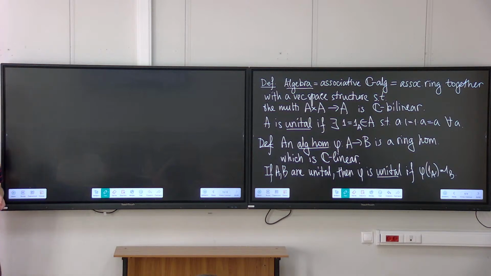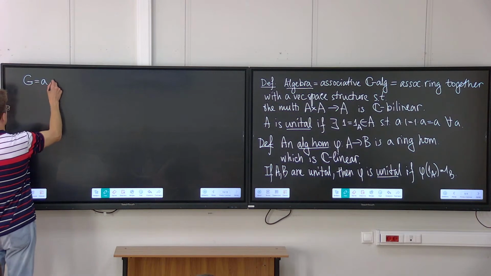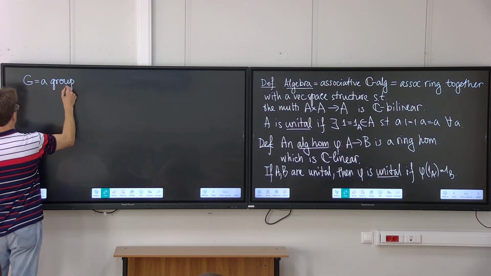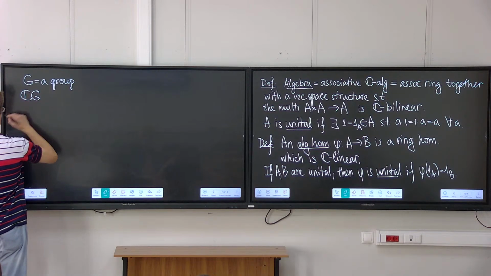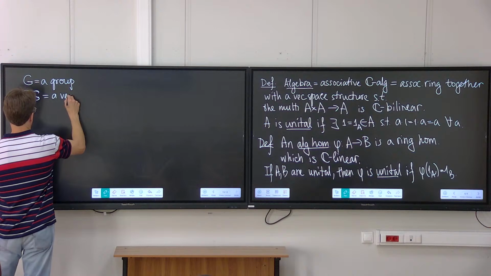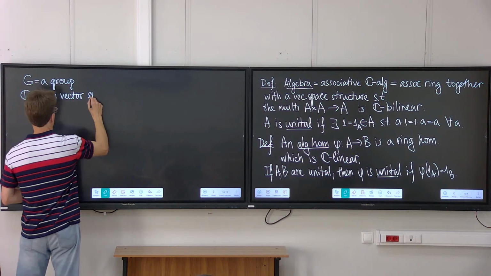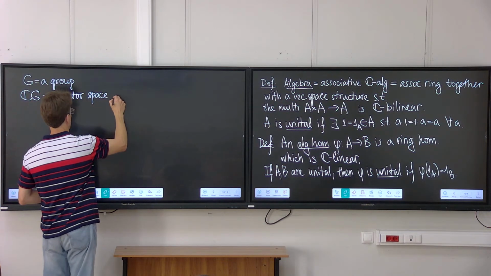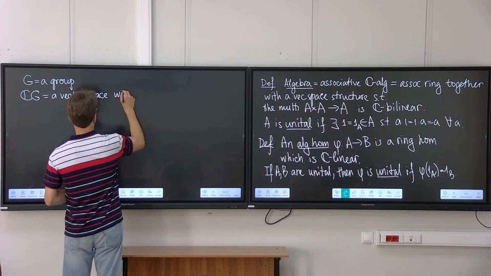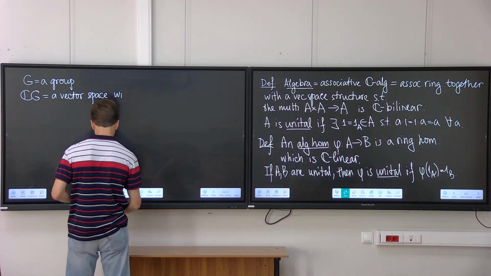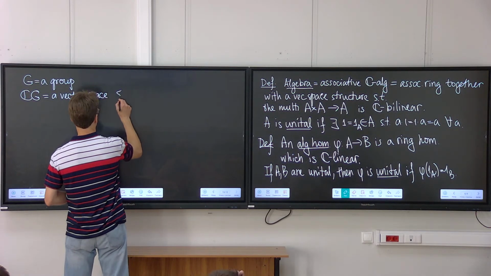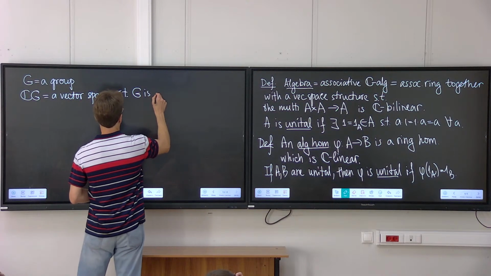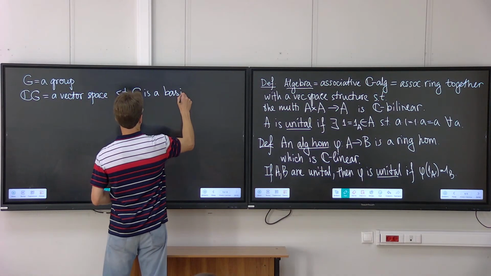Let's now briefly recall what a group algebra is. Suppose that G is a group. Let's denote by CG a vector space such that G is a basis of CG.